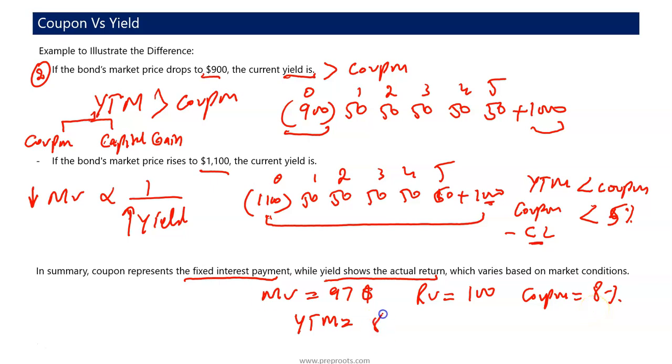No. You will get 8%, plus you will also get the difference between the invested amount 97 and the redemption value 100. So YTM would be higher than coupon. So the higher the required return, the higher the YTM, the lower would be the market value. The lower the market value, the higher would be the YTM. So YTM has an inverse relation with the market value.